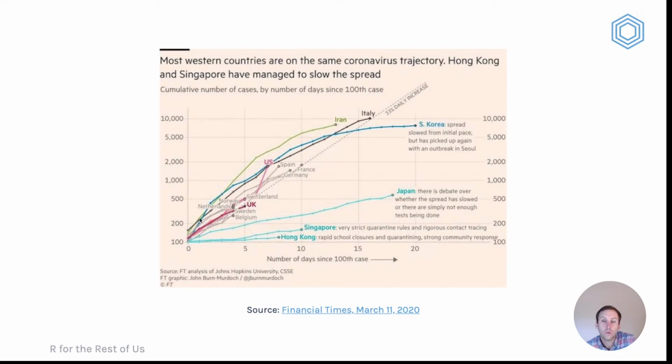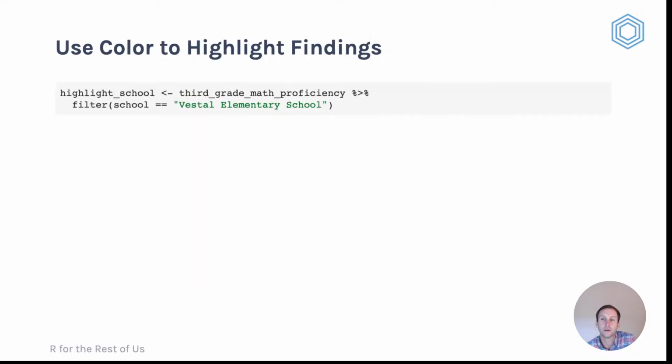Notice that there are some lines down here, some grayish brown lines that are not highlighted. He's just highlighting a few countries that were most relevant at this point in time, like Iran, Italy, South Korea, Japan, Singapore, Hong Kong, US, and UK. And he's using colors to highlight the findings. Let's talk about how to do this in our plot.